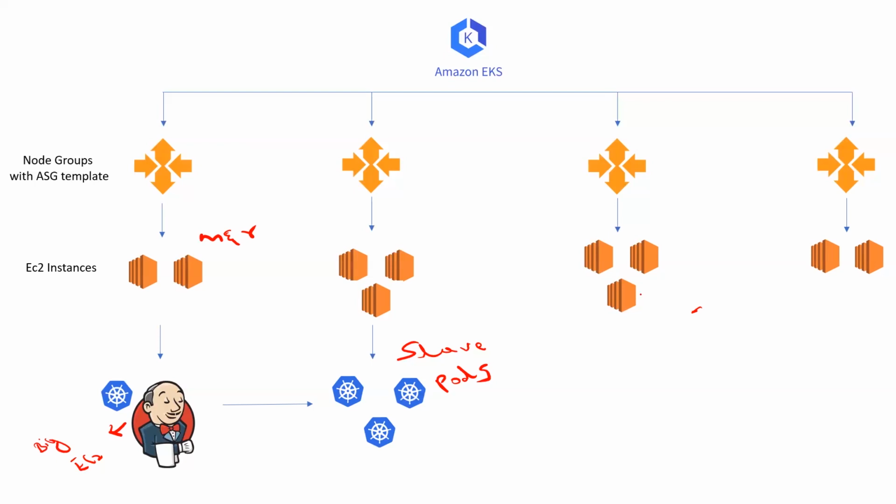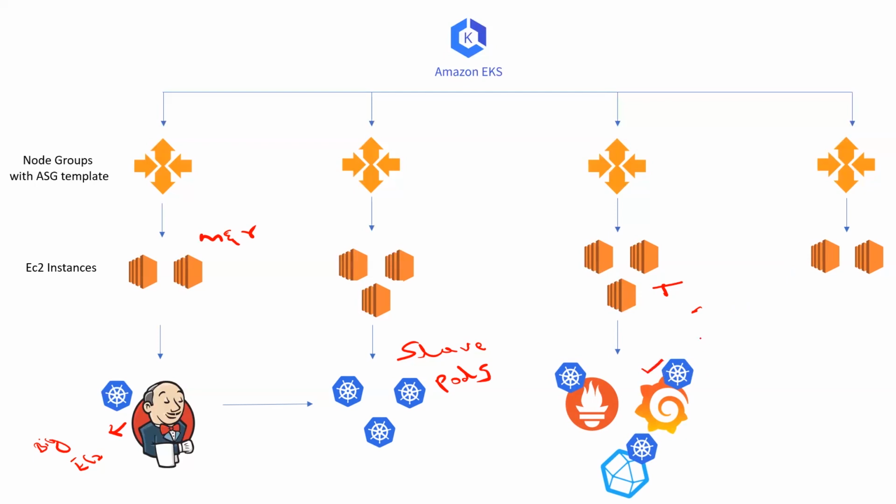And we had a third node group where the machine type was T series, but bigger machines, I mean resources like CPU and memory were huge. There we deployed the monitoring stack like Prometheus, Grafana, and InfluxDB. We were using the monitoring stack heavily because we were monitoring EKS clusters and also the EFS: what is the storage, what is the throughput at any given point of time.